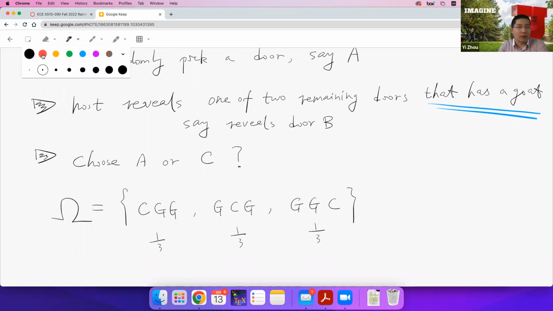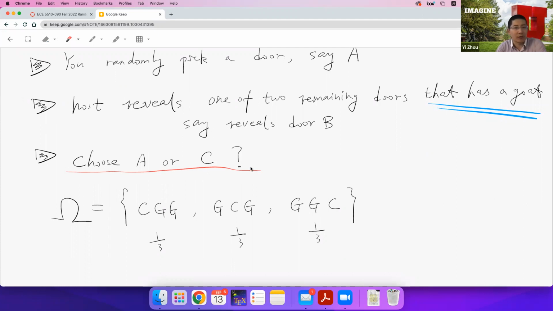And then let's try to think about how to mathematically formulate this question into a probability form using the probability language that we learned.